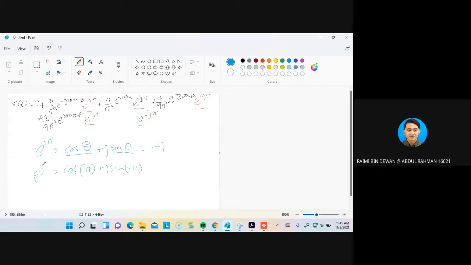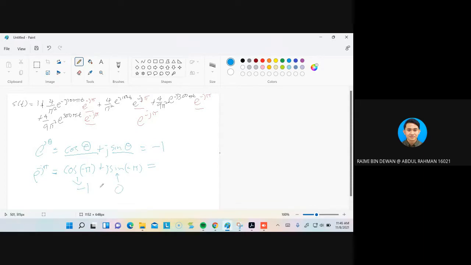That is e to the j negative pi. So what is this? Cos negative pi, calculated in radians, is negative 1. How about j sine negative pi? It is 0.